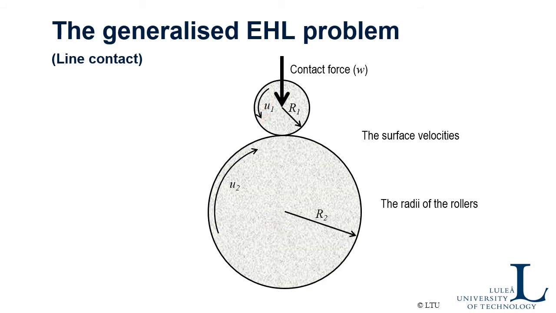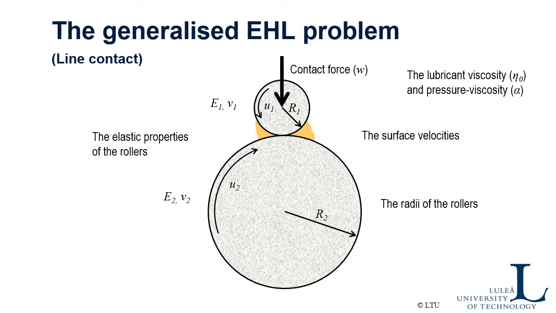We assume that we have some radius, R2 and R1, on the cylinders, and we have elastic properties described by the Young's modulus and the Poisson number on both rollers. Then we put the lubricant in here, and what we need to know is the viscosity at atmospheric pressure, and we need to know the pressure viscosity constant, alpha.